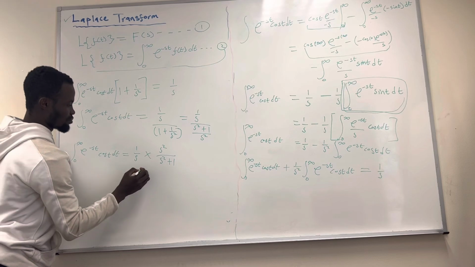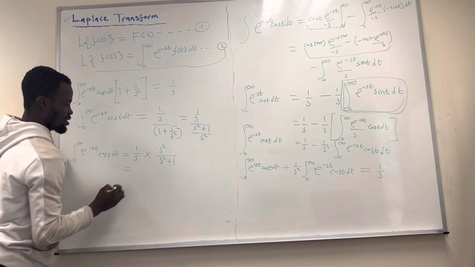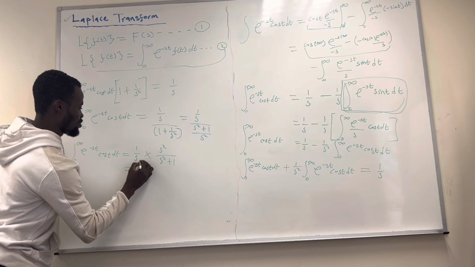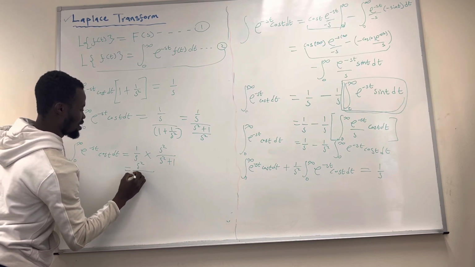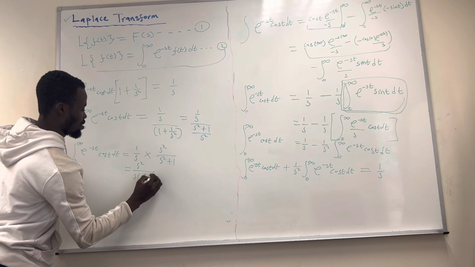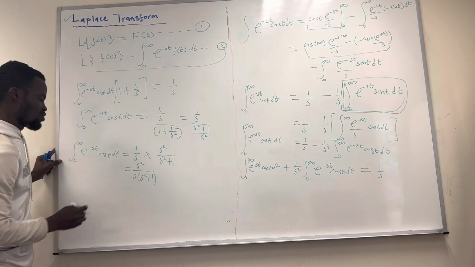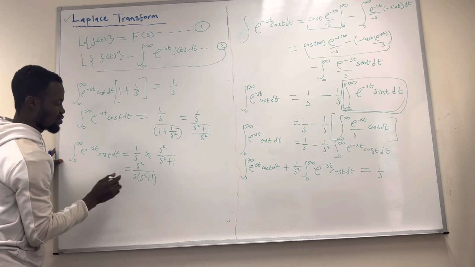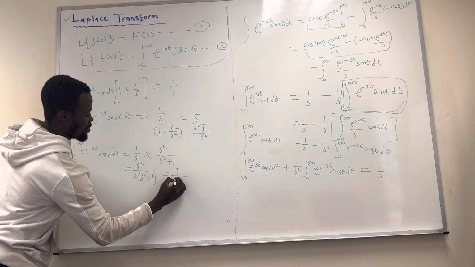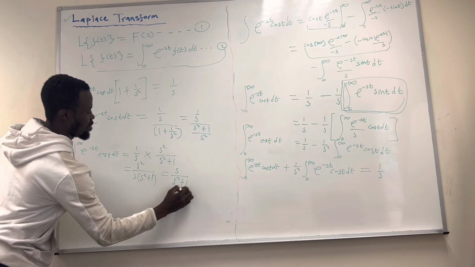So here, if you do that, you're going to get s squared all divided by s times s squared plus 1. Okay, so one of these s will cancel this one. So we are going to get s over s squared plus 1.